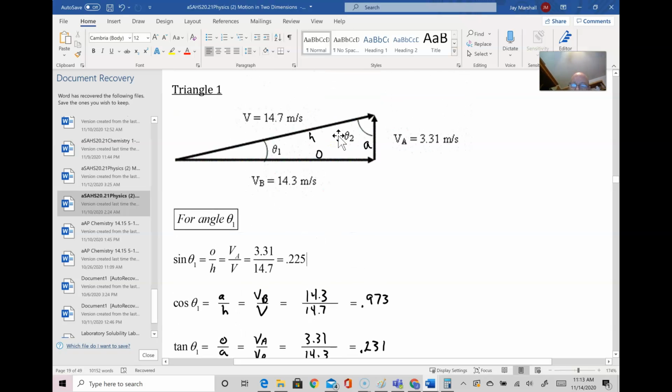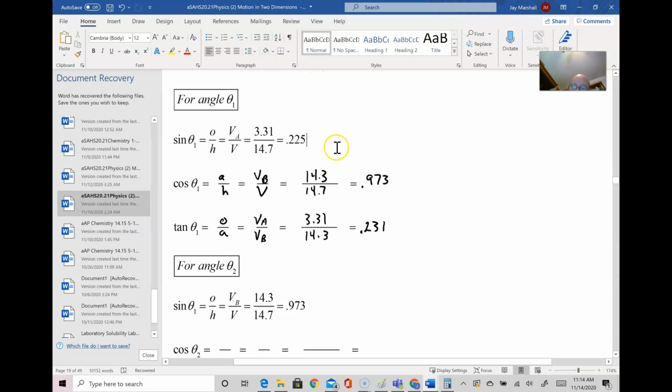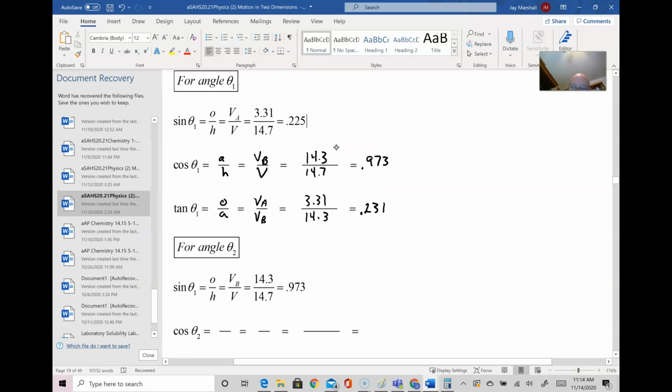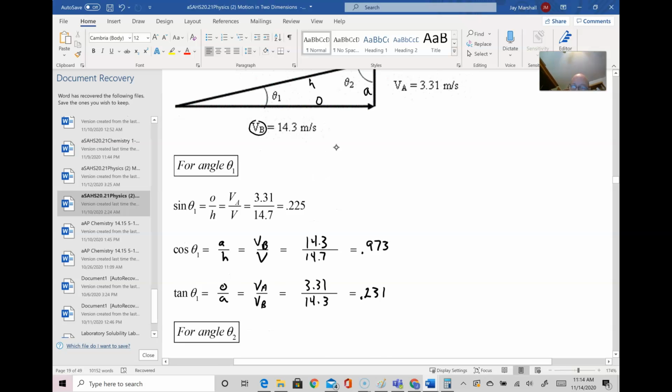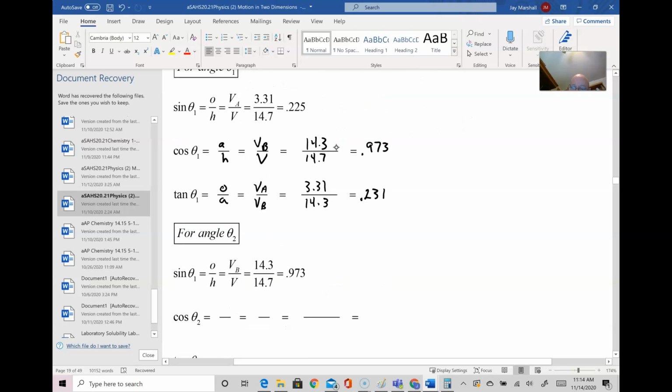Okay, and so now I want to find out what the sine of theta 2 is, and I know that's going to be the opposite over the hypotenuse. So I write that in, and then, oh yeah, the opposite side is VB, right here, and then the hypotenuse is V. So VB over V, and then I substitute the value in, 14.3, 14.7.